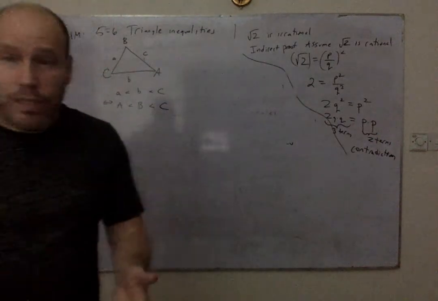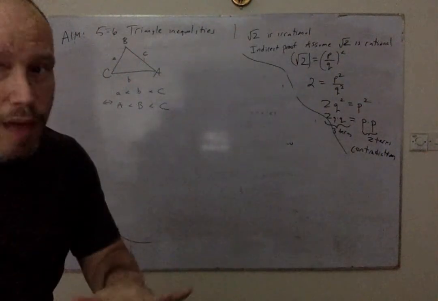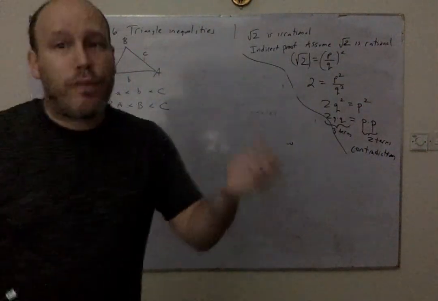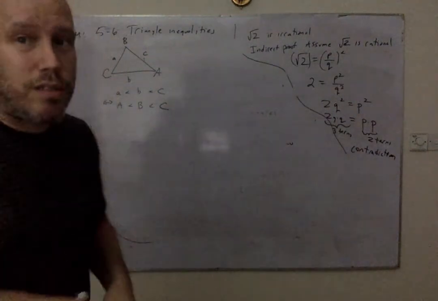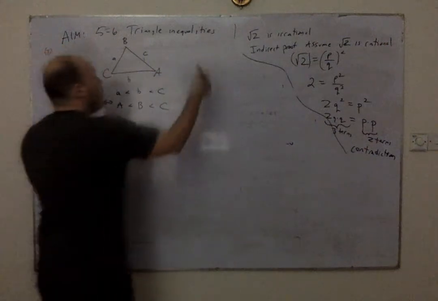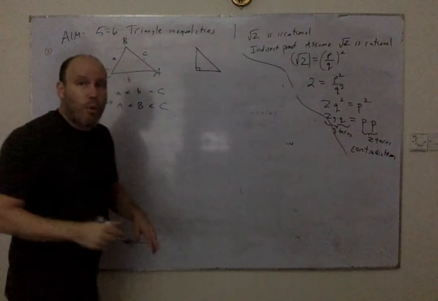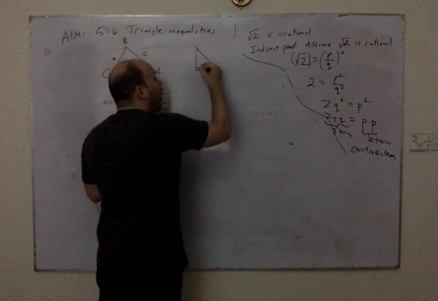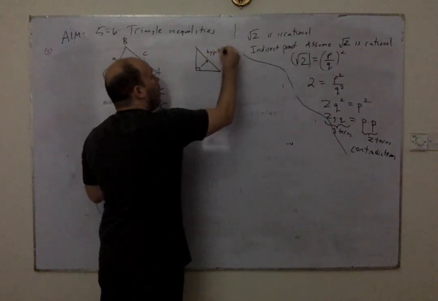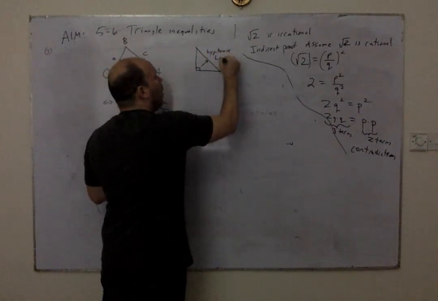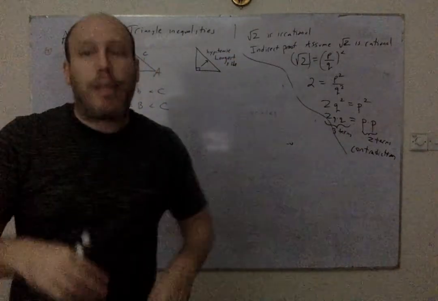Once again, it seems obvious, but we know that we have to prove it, but we don't have time for that. Once again, the order of the sides corresponds to the order of its opposite angles. So, if you have a right triangle, we know that the hypotenuse is the longest side, and it's the longest side because it's opposite the biggest angle.